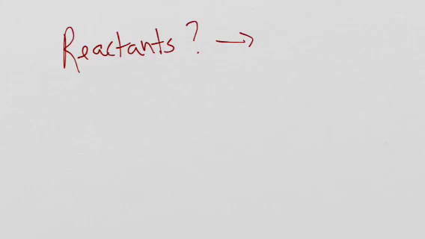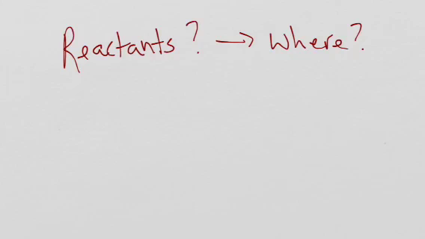What I need you to know in terms of chemical reactions and chemical equations and word equations, I need you to understand what reactants are. Okay? What are they? Where are they? Where are they on a chemical equation?